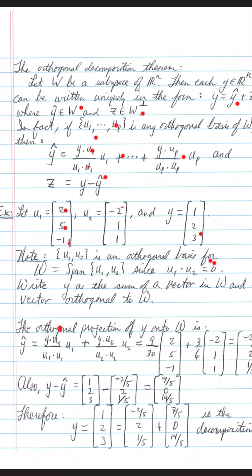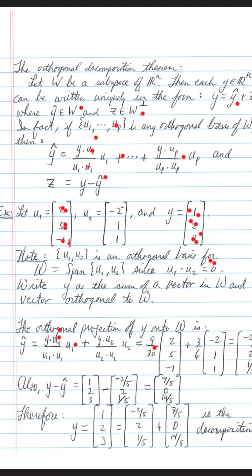Okay, so let's take this part first. y dotted with u1: 2 times 1 plus 5 times 2 plus negative 1 times 3. So we have 2 plus 10, that's 12, minus 3 is 9.